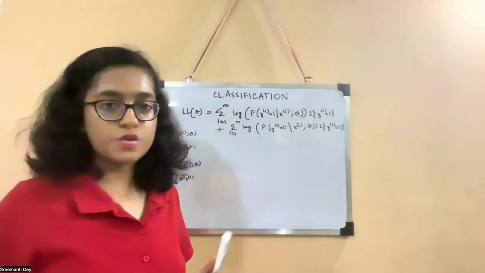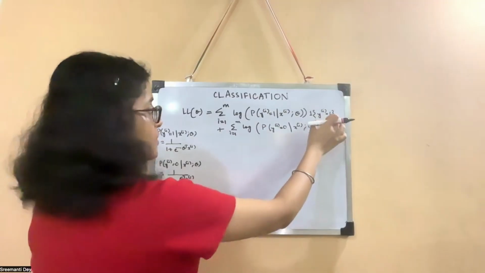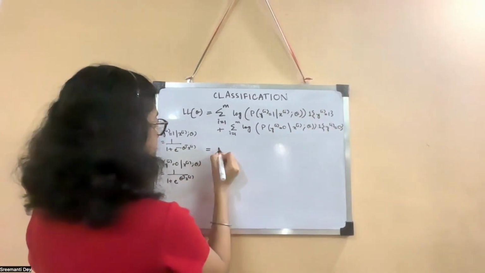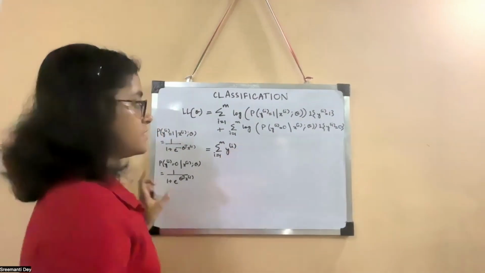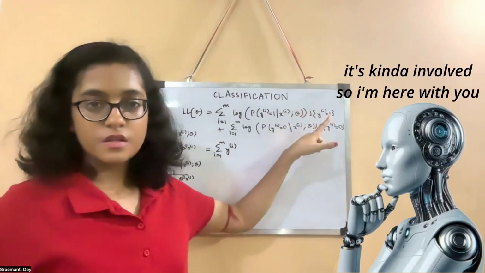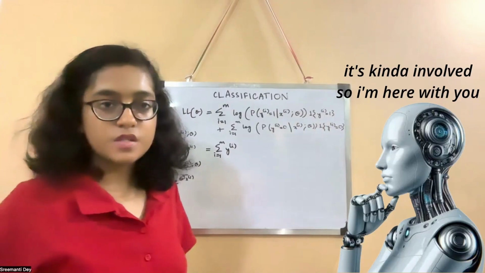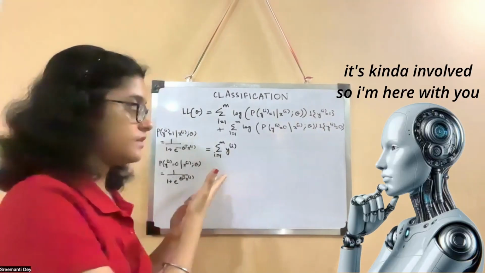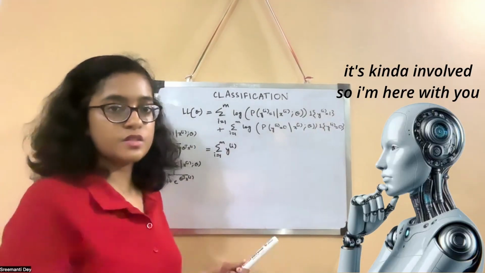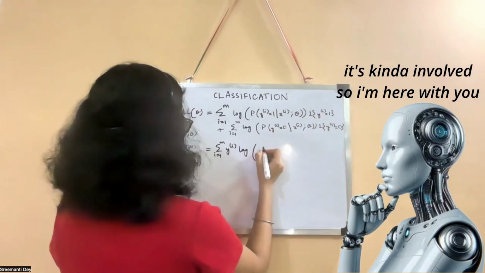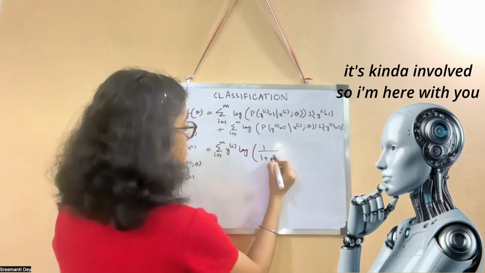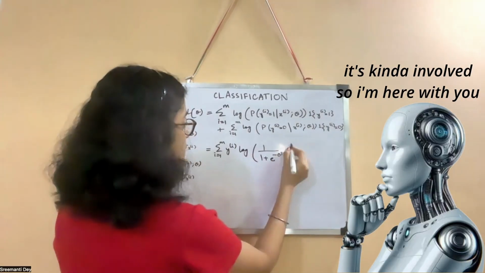Okay, so now what we're going to do is substitute. So this function would look something like this. This would be yi itself, because you saw that when I was showing that graph. So if yi is 1, then this will be 1, right? And if yi is 0, this will be 0. So we can just take yi and then put in the function here, log of 1 by 1 plus e to the power minus theta transpose xi.